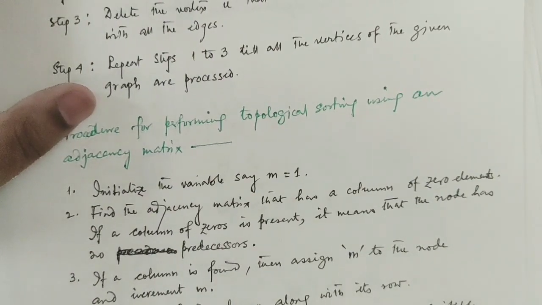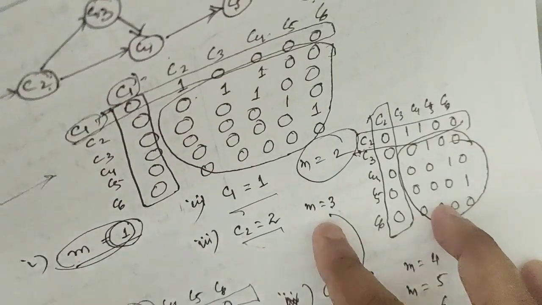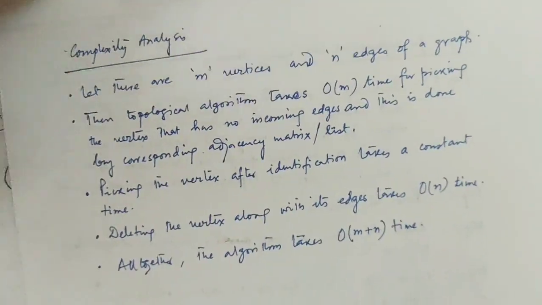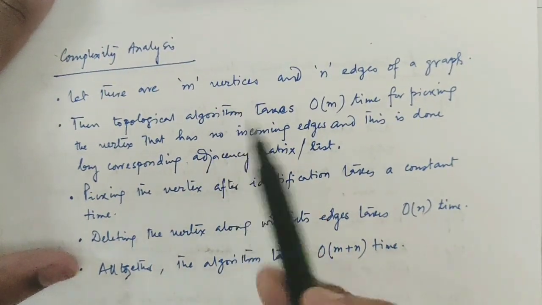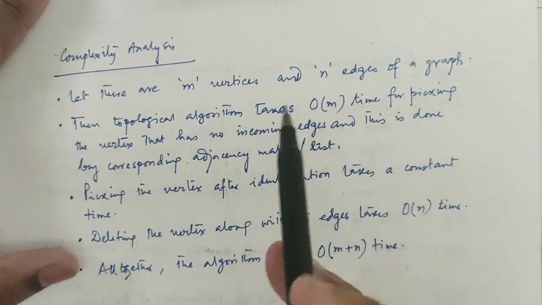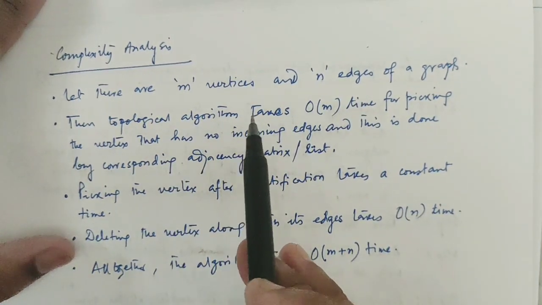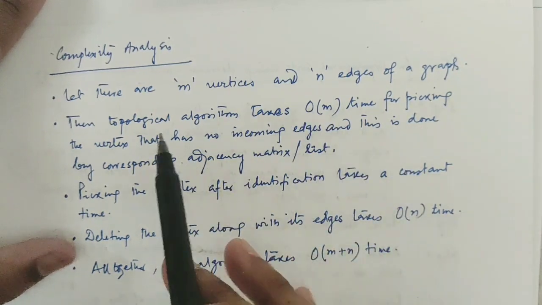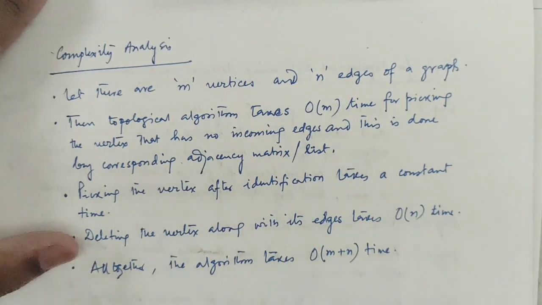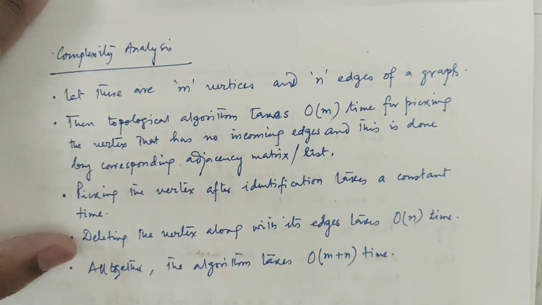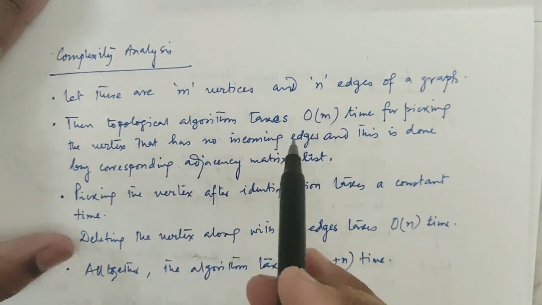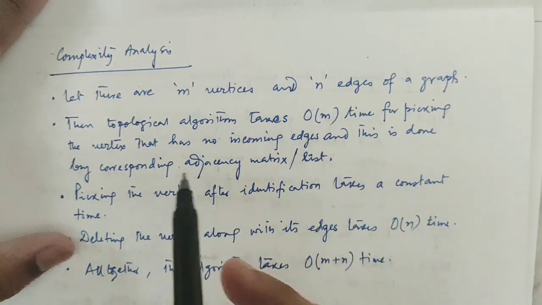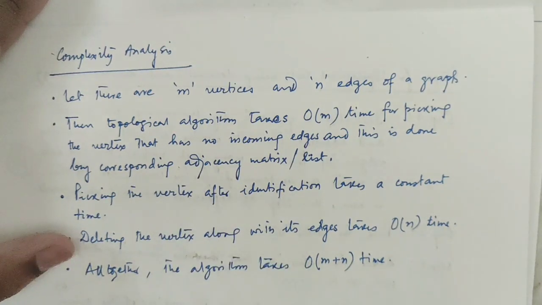And regarding the analysis of topological sorting, if you go through the analysis section, it is not very difficult, it is very simple. Let there be m vertices in the graph and n edges in the graph. Then the topological algorithm takes order of m time for picking the vertex, because you have to cover all the vertices. If there is a topological ordering you are expecting to get, that is order of m time for picking the vertex that has no incoming edges, and this is done by the corresponding adjacency matrix or list.